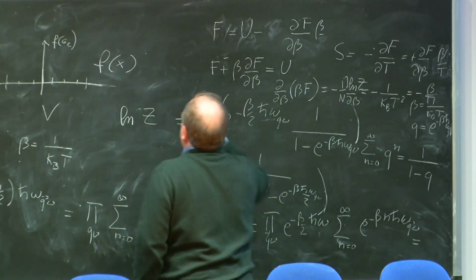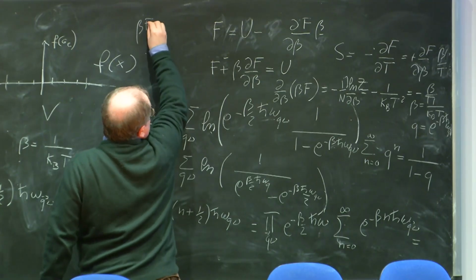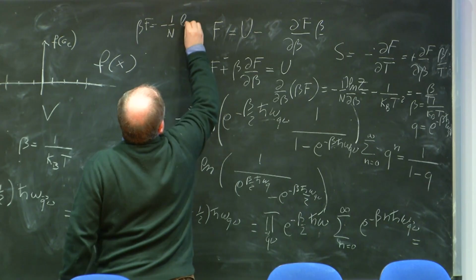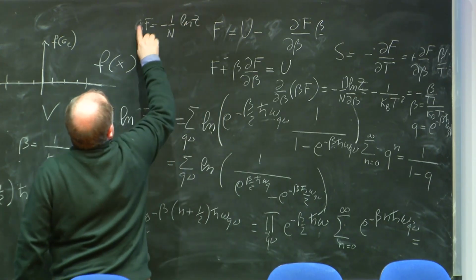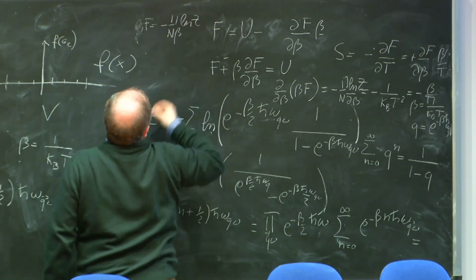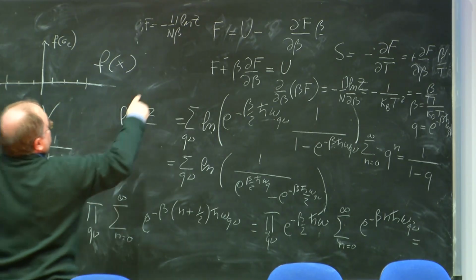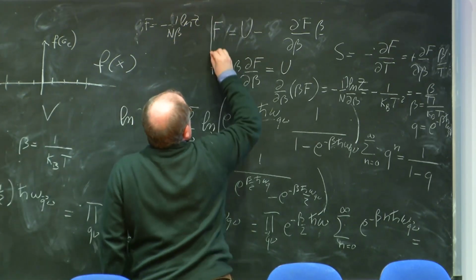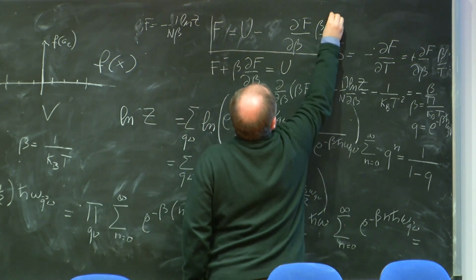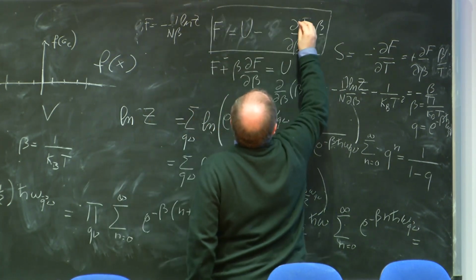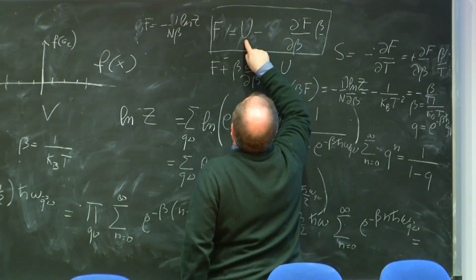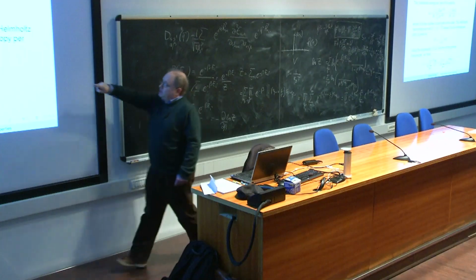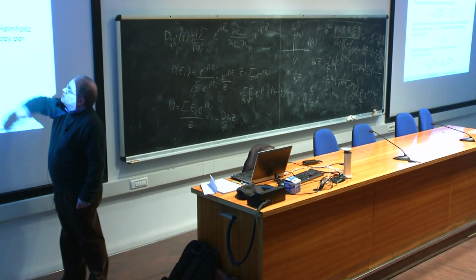And from this you get that beta F is equal to minus 1 over N logarithm of Z, or that F is 1 over beta. There are many ways to show this. The important thing is the relation between the free energy and the vibrational energy, U minus TS, and S is minus dF over dT.